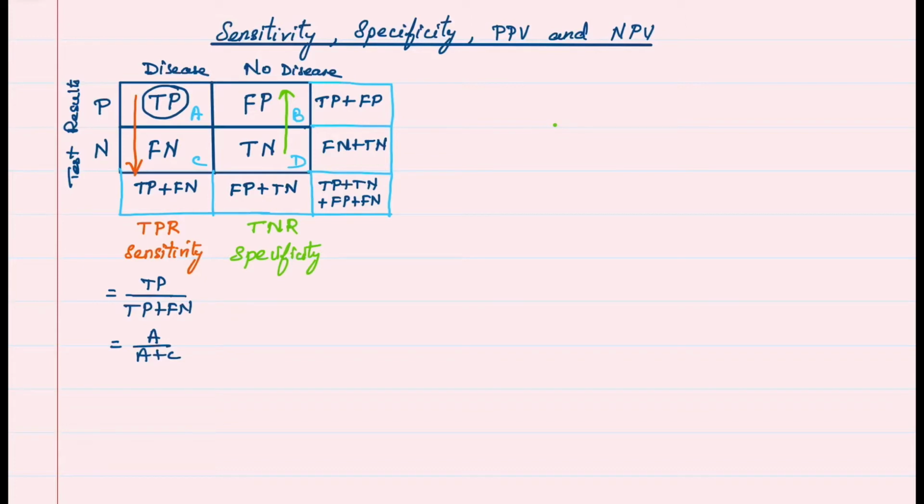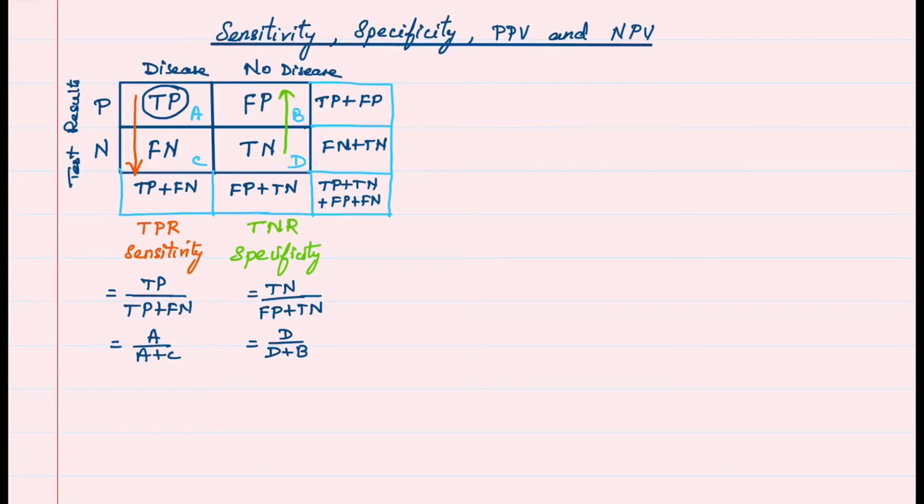So getting true negative are the favorable cases out of all cases, FP plus TN, all cases with no disease. And it is D upon D plus B. So specificity is the probability of detecting no disease, because we have used the no disease column.